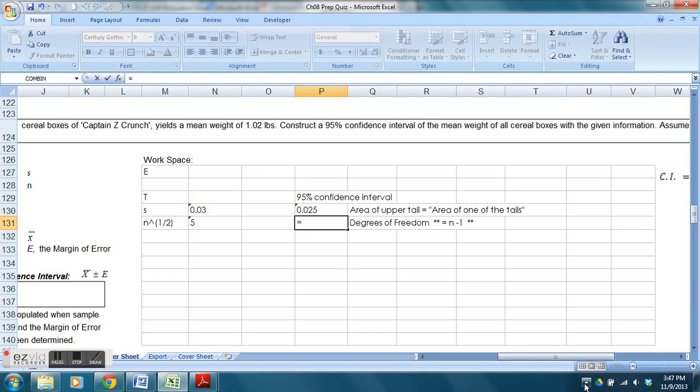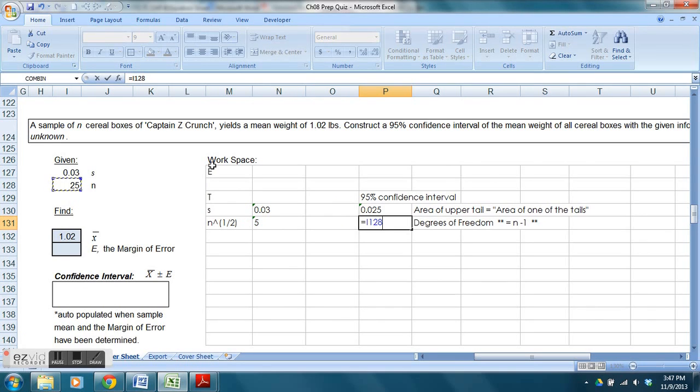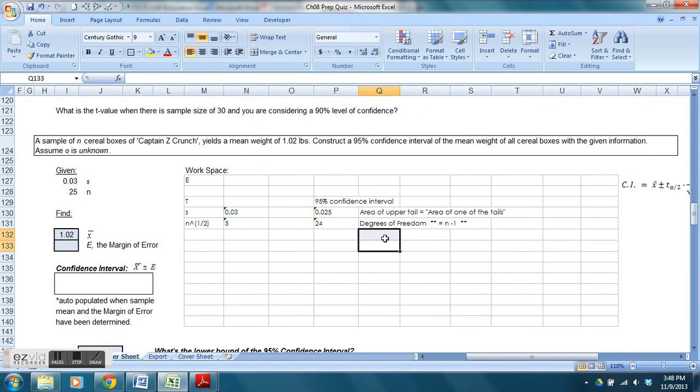That's really not a hard formula to memorize. It's n minus 1. So that is equal to 25 minus 1. So we are interested in a T value when the area in the upper tail is 0.025 and the degrees of freedom is 24.